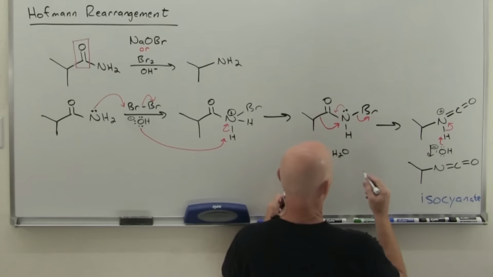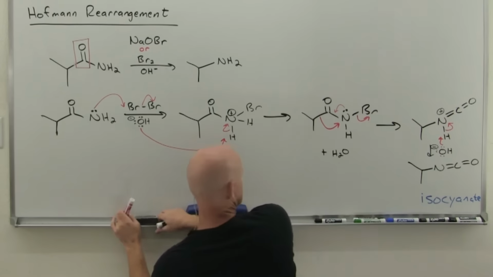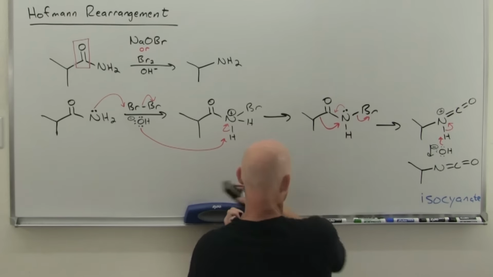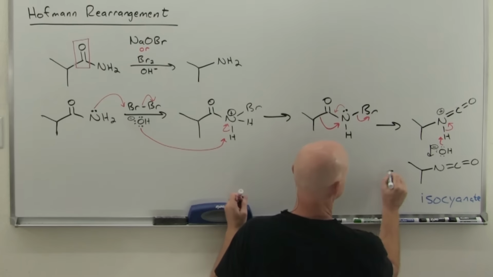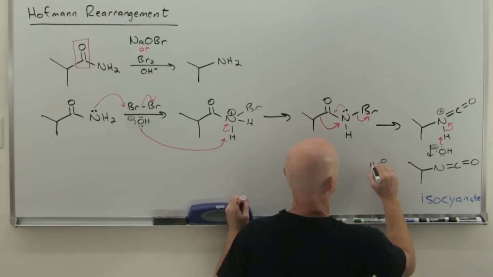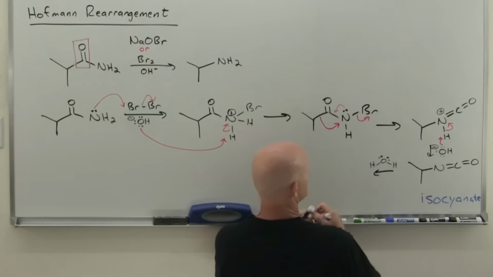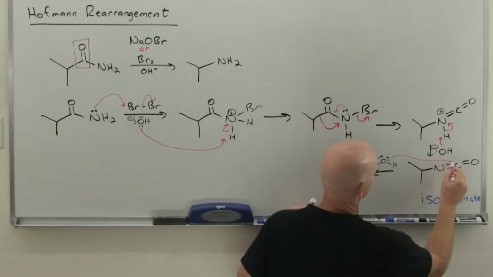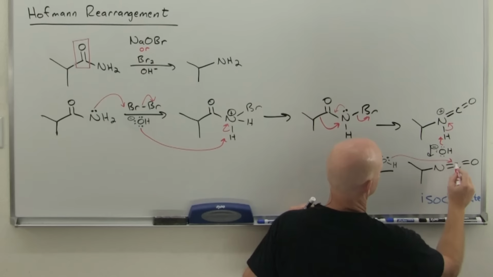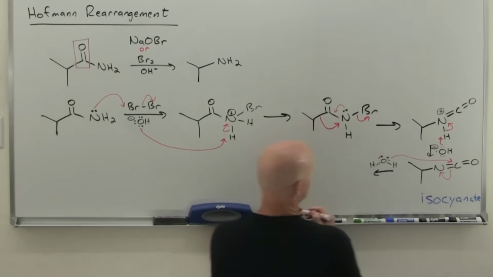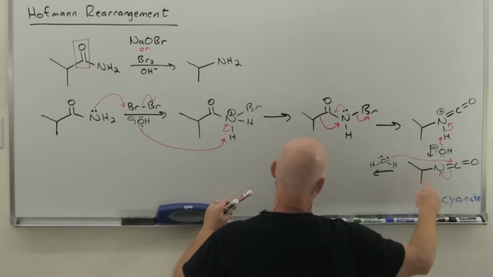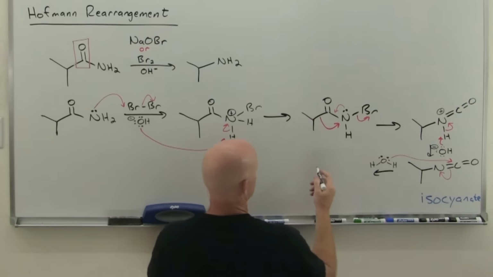So we're going to need a water molecule here. In fact, I'm going to erase this water molecule and just draw another one in. This water molecule is going to come and attack the carbonyl and push the electrons over to the nitrogen. Technically, it could push them over to the oxygen as well, so you've got some resonance going on.